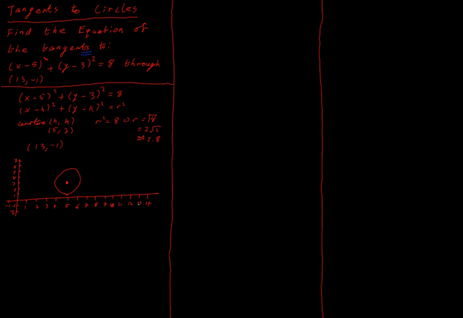So I go over to 13 and minus 1, somewhere approximately here. And I know that I am looking for the tangents that go through this point and are tangents to my circle here. So let's try and draw them in. I'm going to end up with something approximately like so.